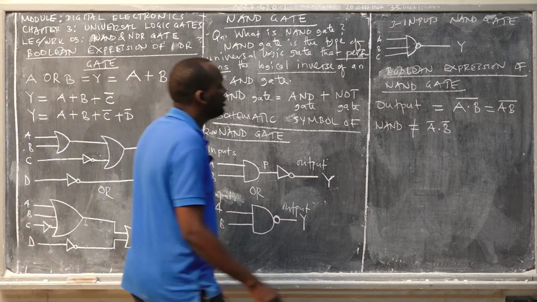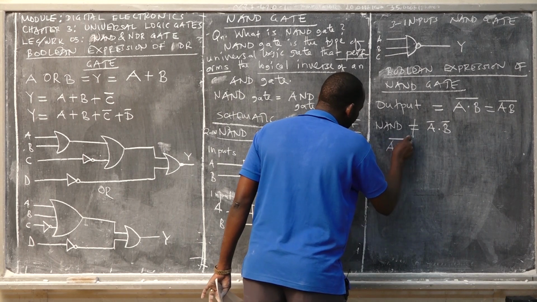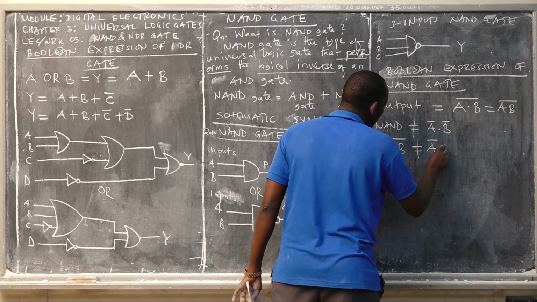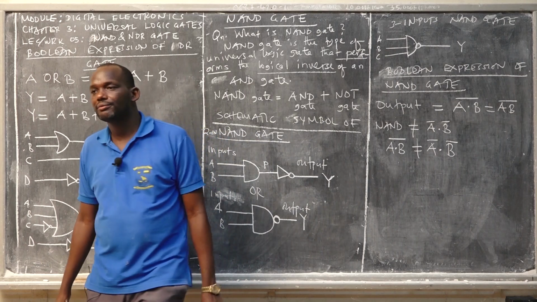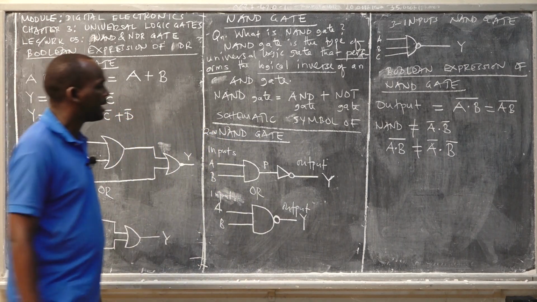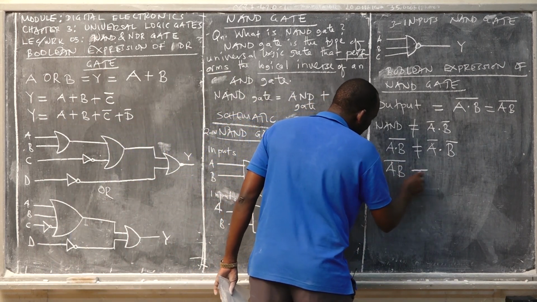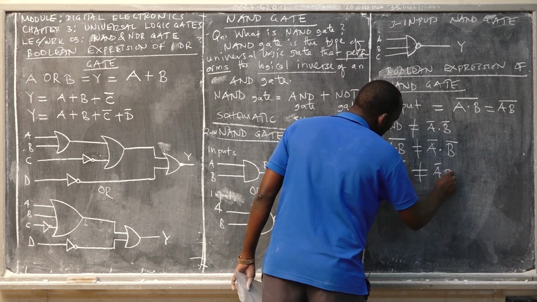Remember that. A and B, NOT gate, is not equal to A bar and B bar. And also remember that, as serious students, AB bar is not equal to A bar B bar.